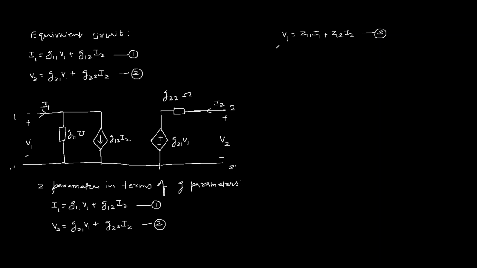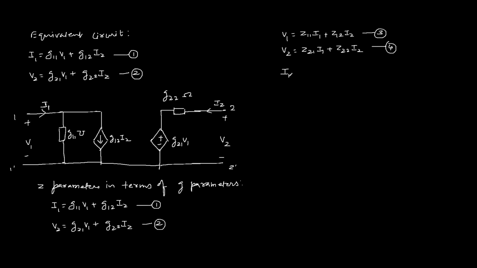This is equation 3, and the second equation is V2 equals Z21 I1 plus Z22 I2. Now we will modify equations 1 and 2 into the form of 3 and 4. Equation 1 has I1, I2 and V1, and equation 3 also has I1, I2 and V1. So we will reshuffle equation 1 into the form of equation 3.